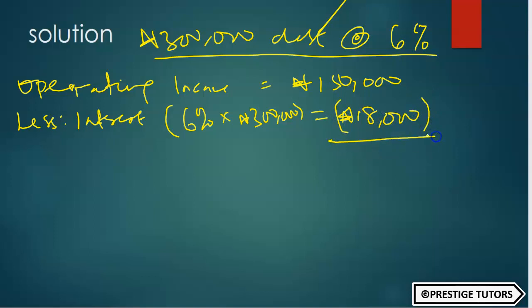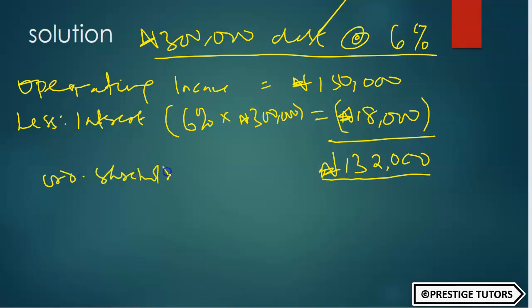Now, take away the interest from the operating profit. You are left with 132,000 naira. This 132,000 naira belongs to the ordinary shareholders, which is what we call dividend.